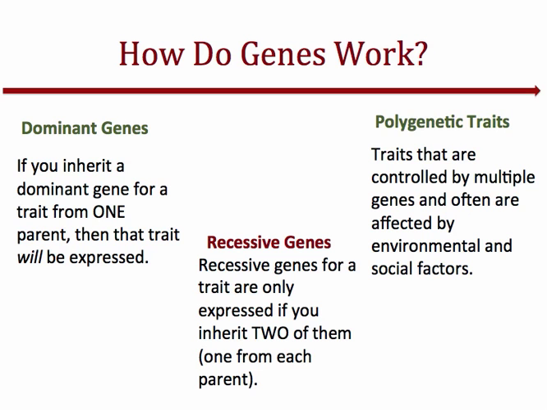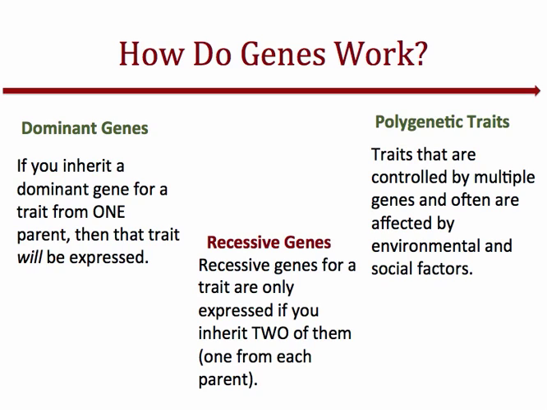As for the way that genes work, you've probably heard of both dominant and recessive genes. A gene is considered to be dominant if it is expressed when it's inherited from one parent. That's the only thing that really determines whether a gene is dominant or recessive.